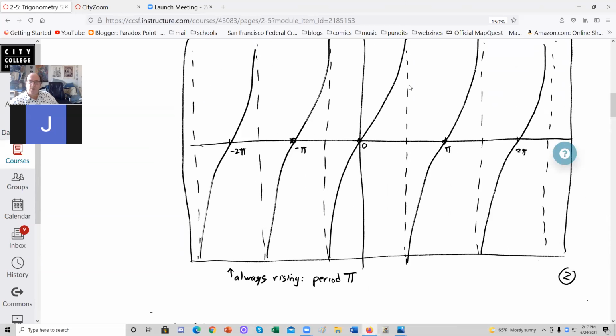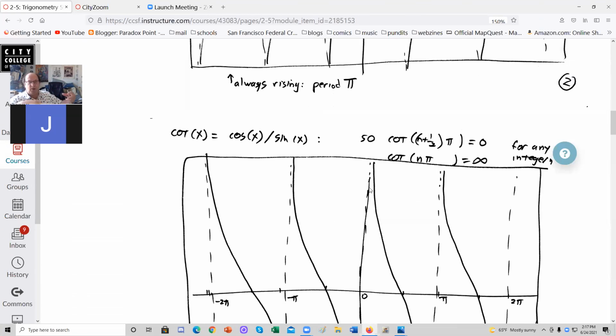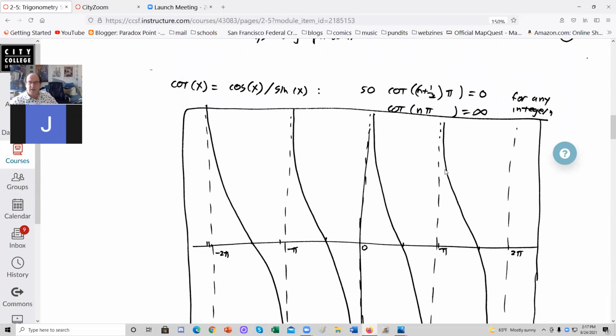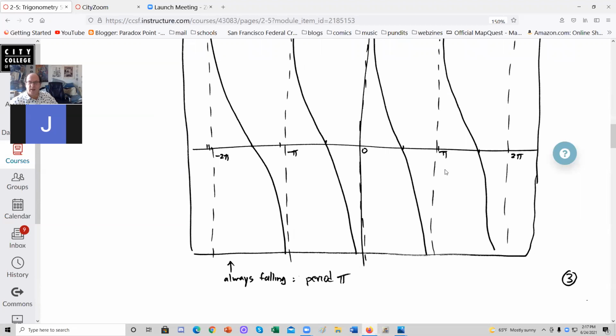If you imagine wrapping this graph paper around at infinity, so the upper edge meets the under edge, you get kind of spirals to infinity, and this one spirals with the opposite handedness. And again, it's always falling, and like tangent has period pi.